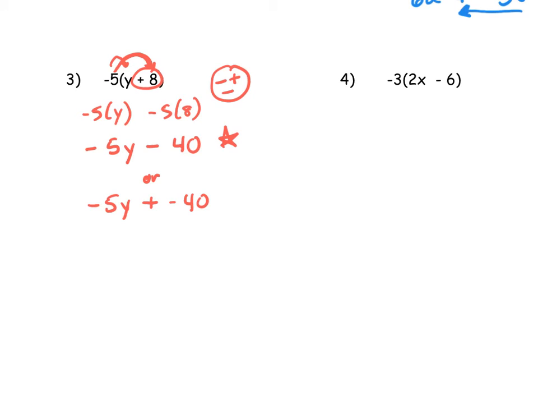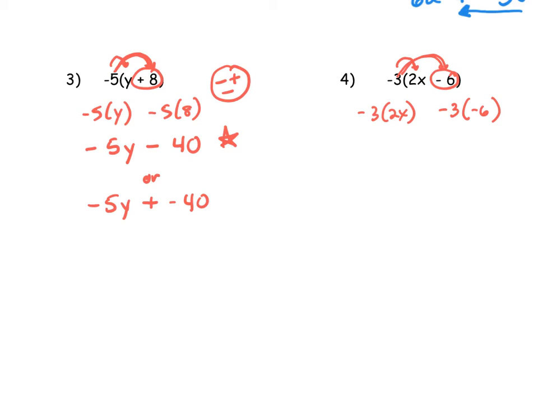Let's move on to number 4. And we're going to start, same process. What do you think we should multiply when I am showing the second arrow? If you stated negative 3 times negative 6, you are correct.